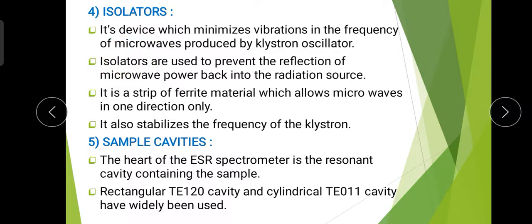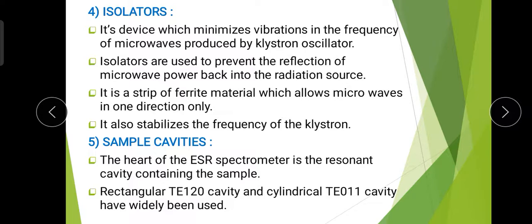So we are able to conduct the radiation in only one direction. It is a strip of ferrite material which allows microwaves in only one direction. That means the isolator is nothing but a strip of ferrite material which allows the microwaves in only one direction.